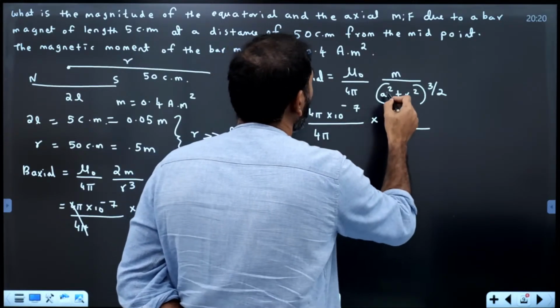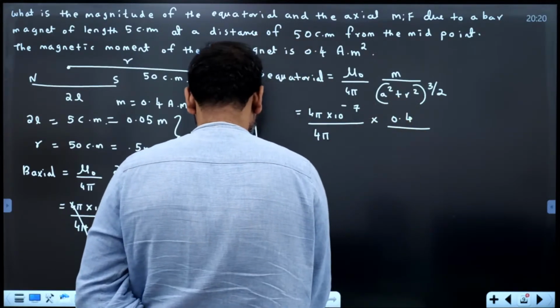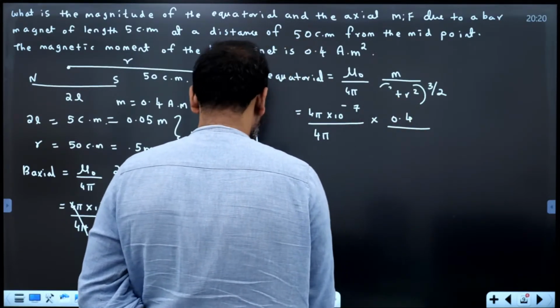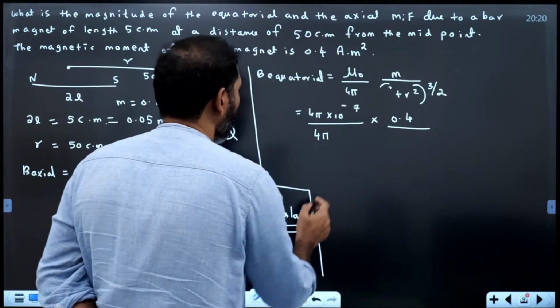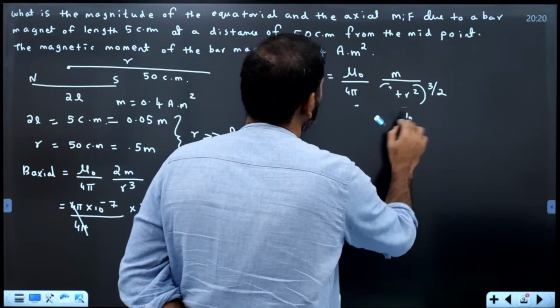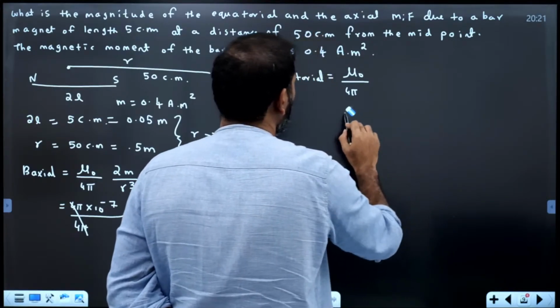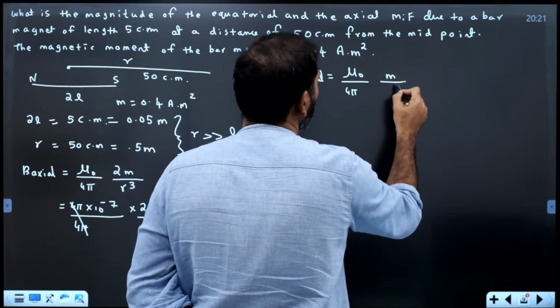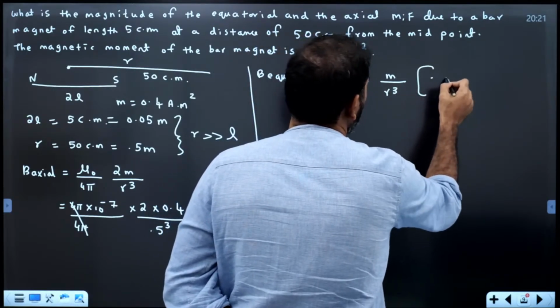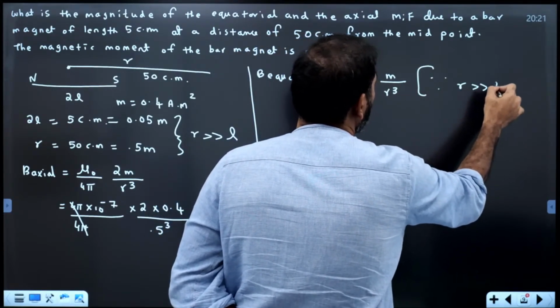Oh, not a square. In the first chapter case it should be L square. No, even that is not the case. Sorry. It is a special case, right? Because R is much greater than L. So mu 0 by 4 pi m by r cube is enough since R is greater than L.